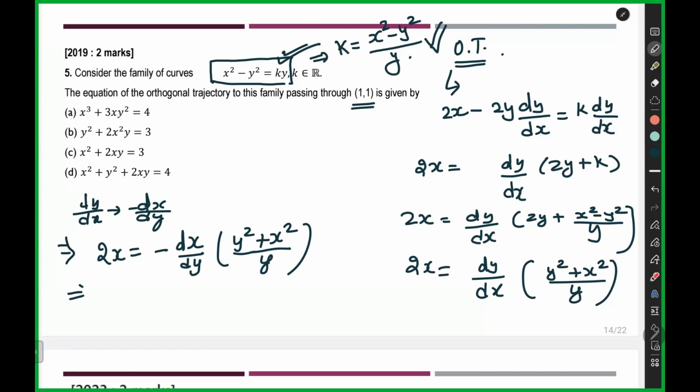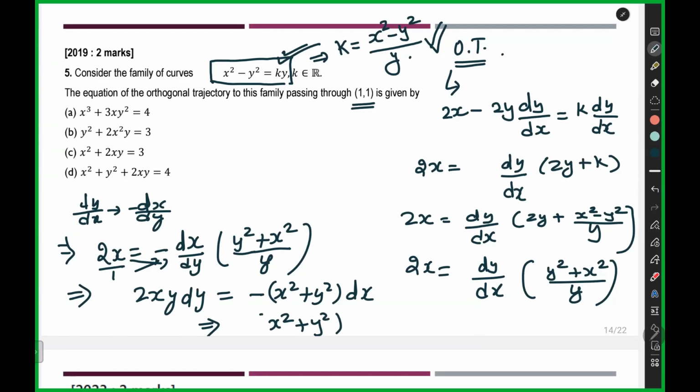Next, you simply cross multiply: 2xy dy equals minus of x squared plus y squared dx. So it is x squared plus y squared dx plus 2xy dy equals 0. So we get a differential equation. Now we have to solve this equation and find the orthogonal trajectory.